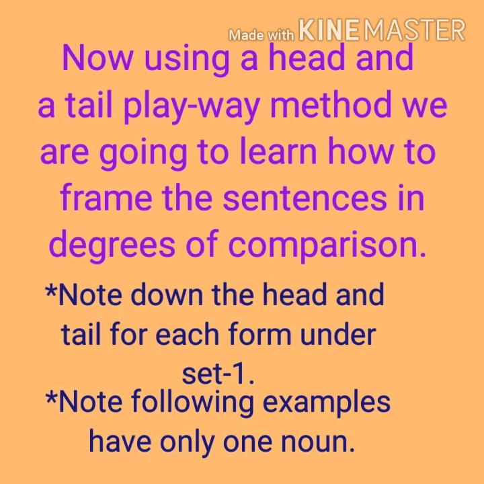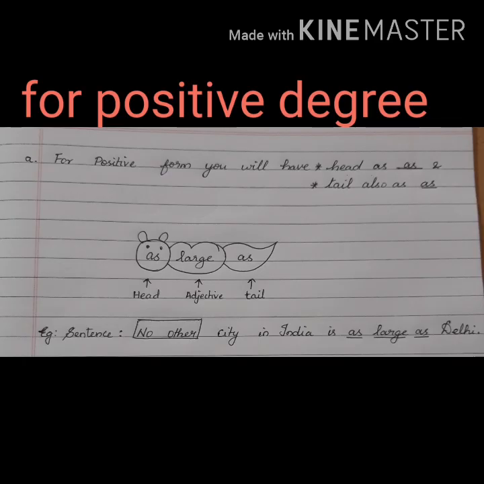Note, following examples have only one noun. I repeat, following examples have only one noun. For positive form, you will have head as, tail also as. Look into the picture, you will get an idea where head is as here, adjective, large, and tail is as.